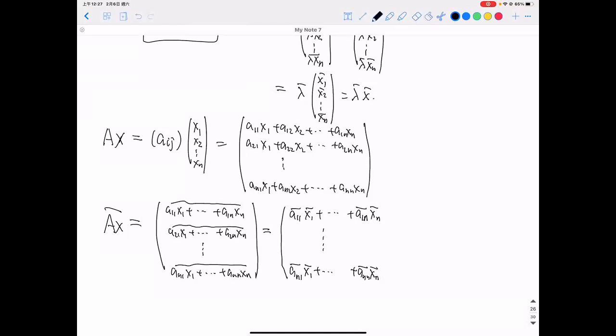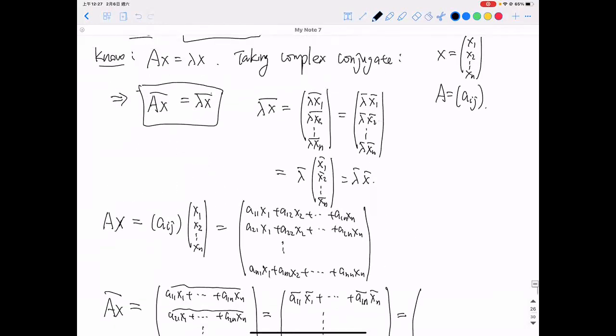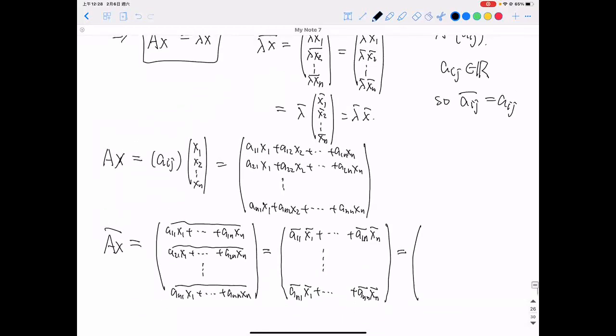Now, here's the key point of this argument. The Aij are real, so Aij bar, the complex conjugate, is equal to themselves. So all these Aij bars are just Aij.